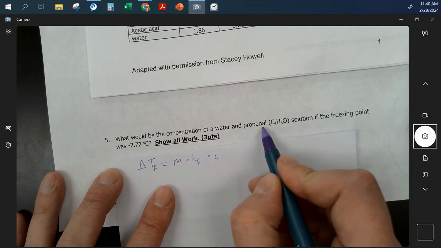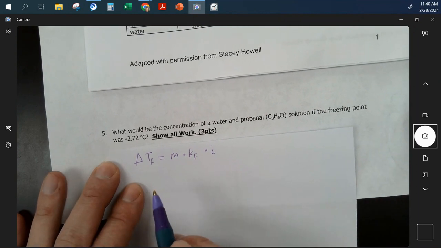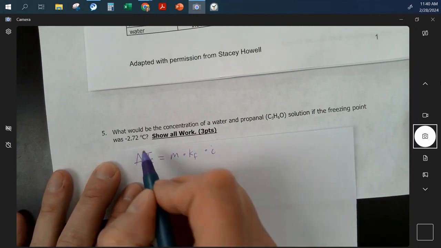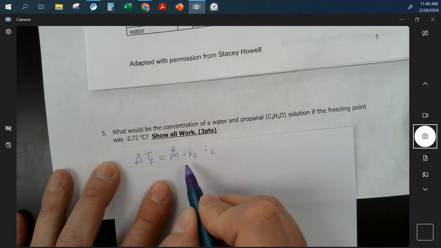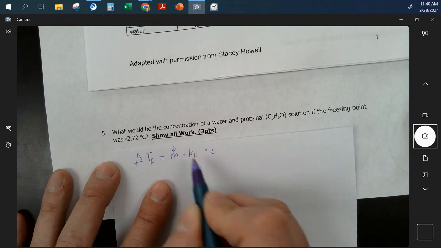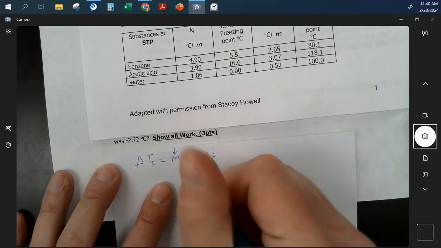This is propanol, so it has an alcohol. We're going to talk about that in chapter 12. Okay, so we're looking for m, the concentration. And we have Kf in my table here. Kf of water is 1.86.